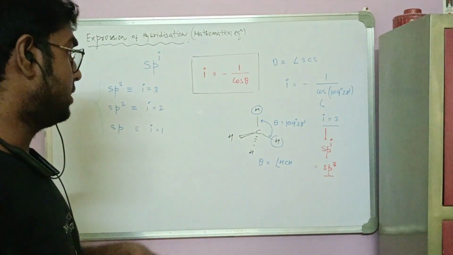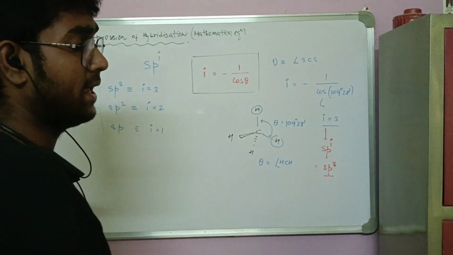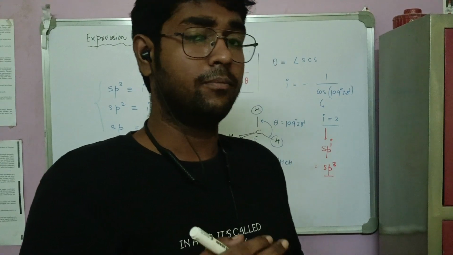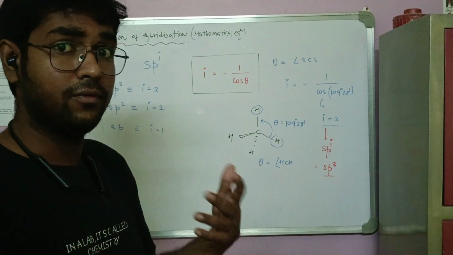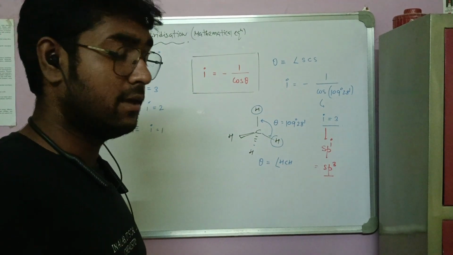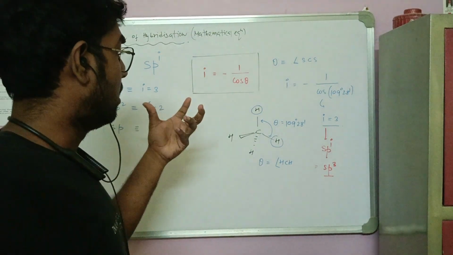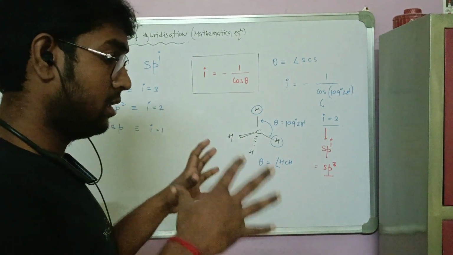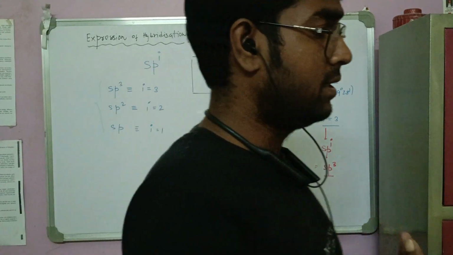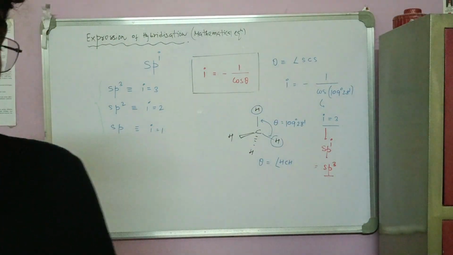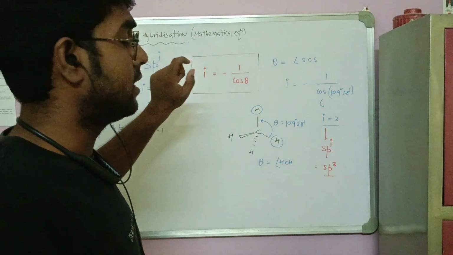So from this relation between theta and i, we can get the value of i, but the drawback is that we have to have an idea about the bond angle, that is the shape of the molecule, at first, and then we get the hybridization. But the real concept is this: chemists first discovered such molecules. They visualized the molecule first, got the information about the bond angle, put it in this equation and got the value of i.